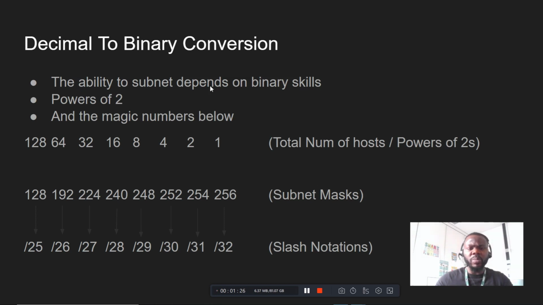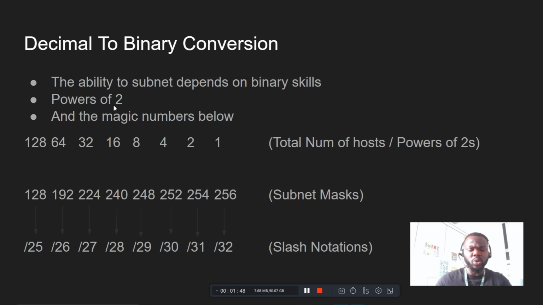The ability to subnet depends on binary skills. So your ability to become a good engineer who can subnet a network depends on your skills to convert decimal numbers to binary and to convert binary numbers back to decimal. And also, the second point is the powers of 2.